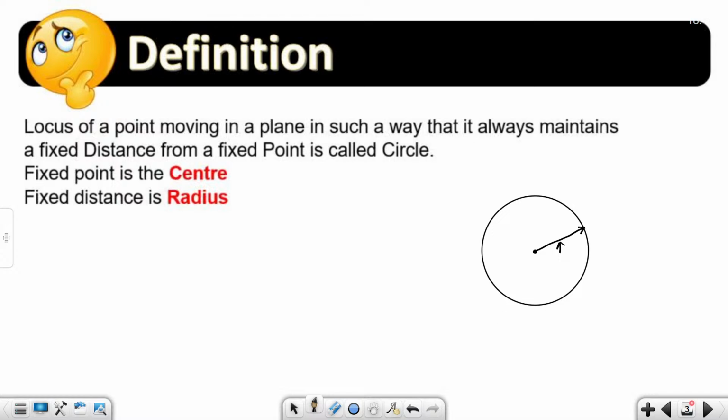So whenever we are discussing circles, even in the problems afterwards, we will only be concerned about two things. Always remember, one is its center, another one is its radius. Okay?